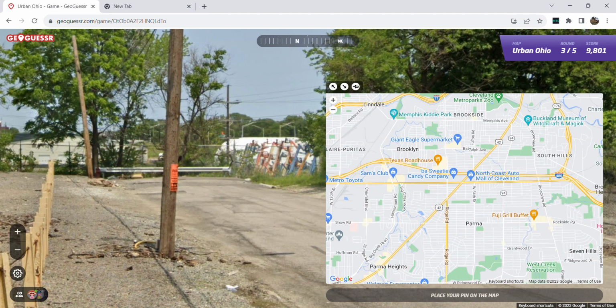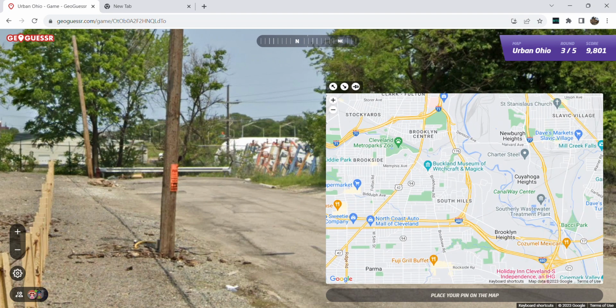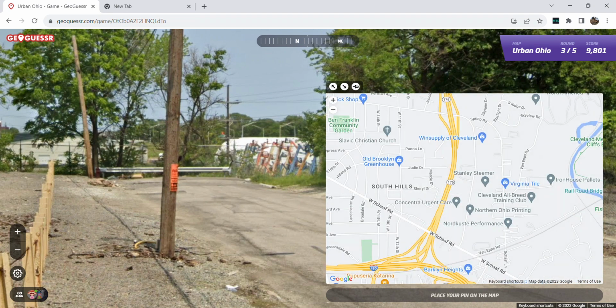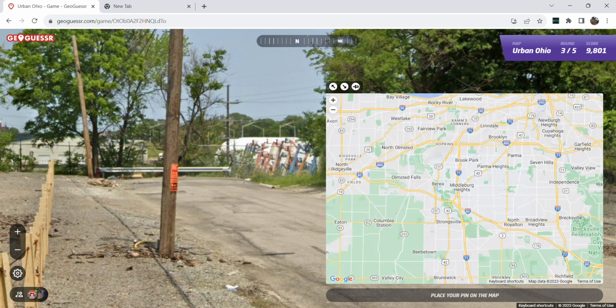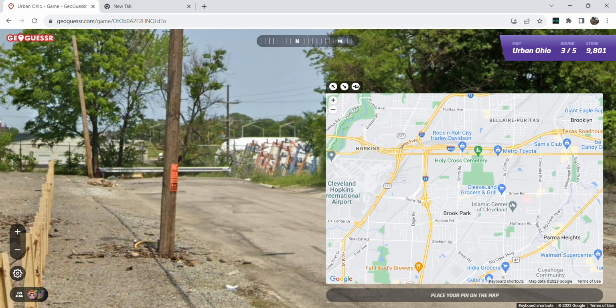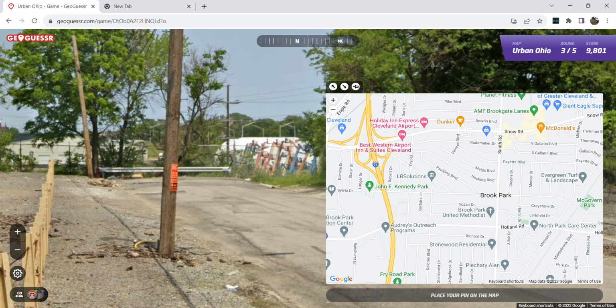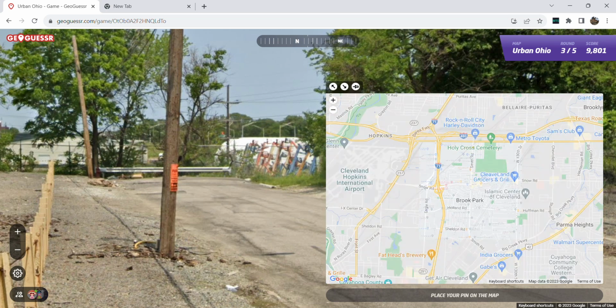I think I'm going to be tempted to go somewhere like South Cleveland. Maybe down in this area, maybe getting a little bit closer to Brook Park. Yeah, I think that might be a decent send.